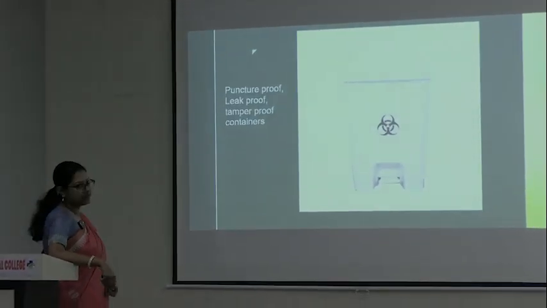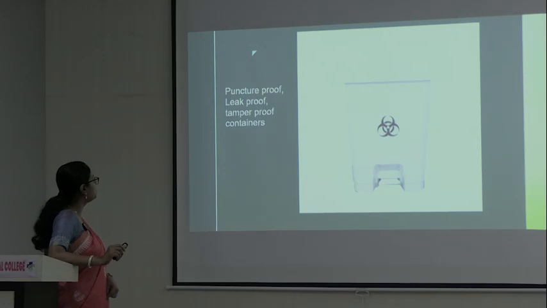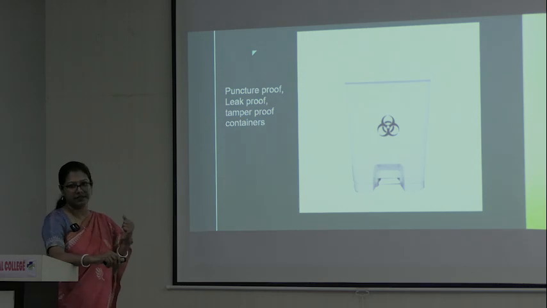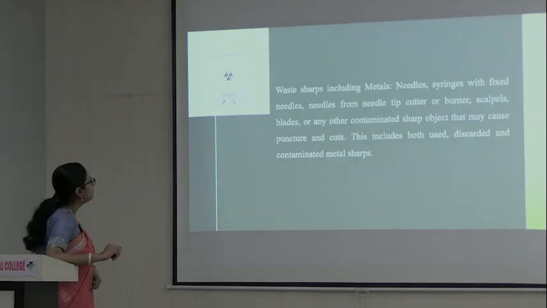This is the white one that I was telling. It must be puncture proof, leak proof, tamper proof, because it is the most infectious and most complicated one, as all the sharp needles and scalpels will go into it.